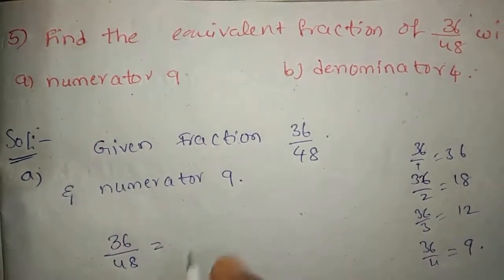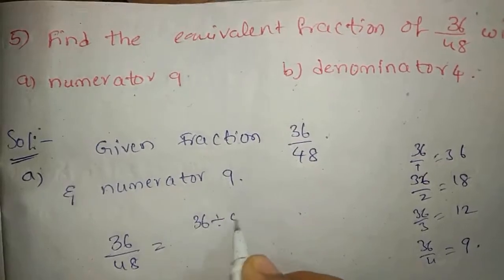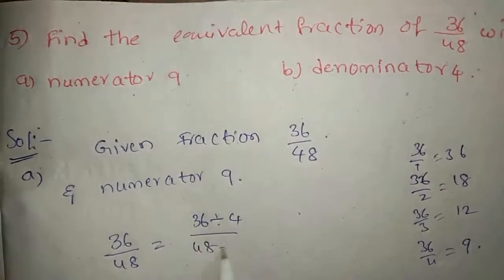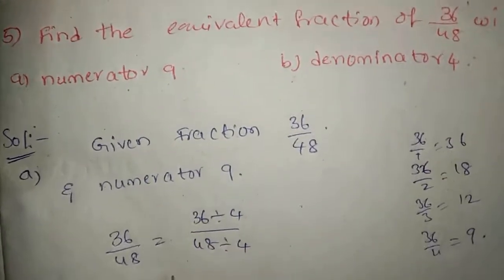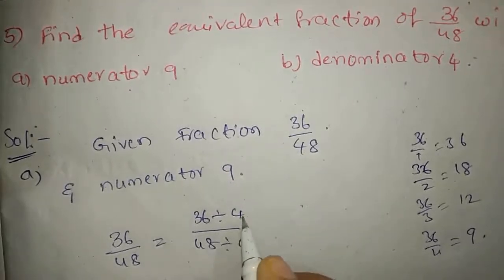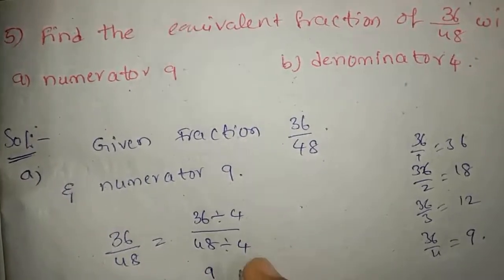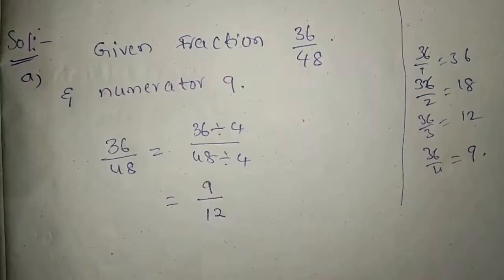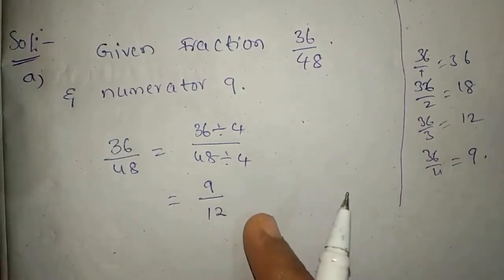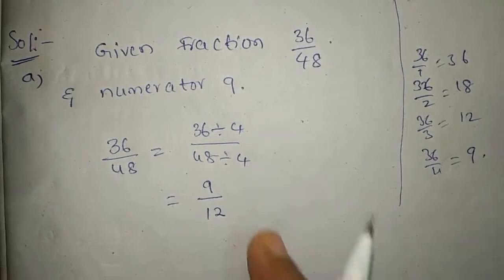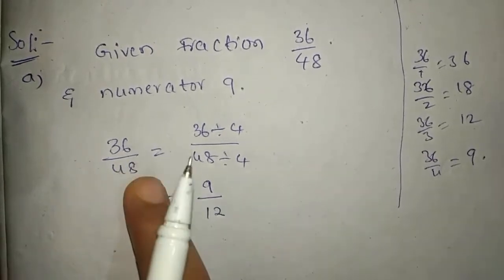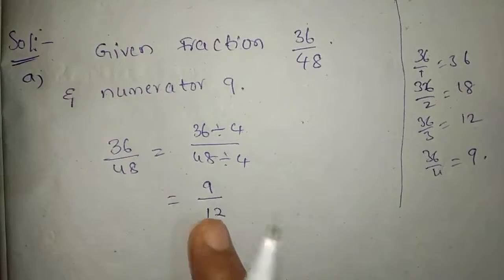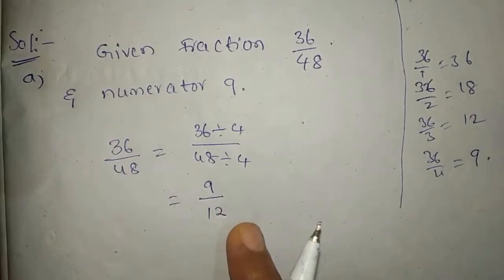So we can take 36 by 4 and 48 by 4. 36 by 4 is equal to 9. 48 by 4 is equal to 12. So the equivalent fraction of 36 by 48 is 9 by 12.